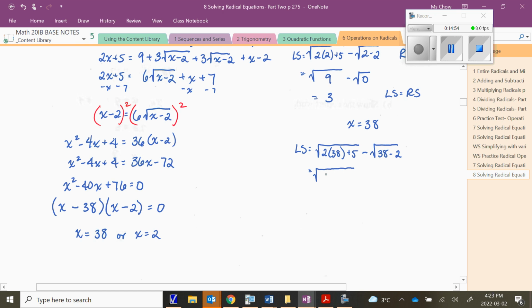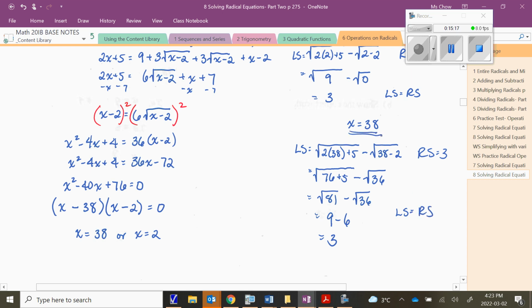So this is 76 plus 5 minus 36. Notice how those are both going to be nice perfect squares. So square root 81 minus the square root of 36, or 9 minus 6, is in fact 3. Right side is 3, so left side equals right side once again.